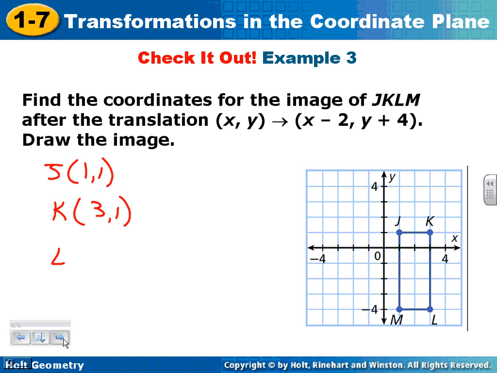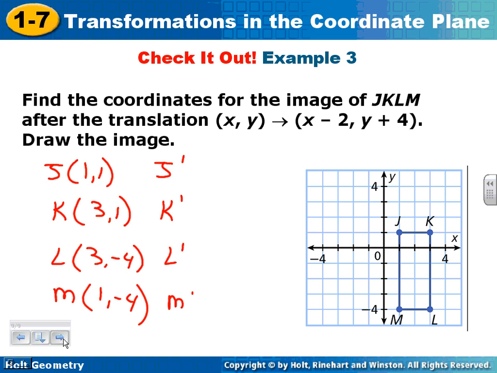L, that point over there looks like 3, negative 4. And M over there would be 1, negative 4. So I'm going to find J prime, K prime, L prime, M prime.